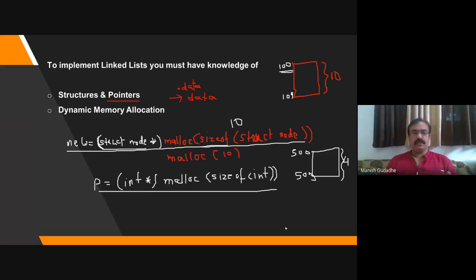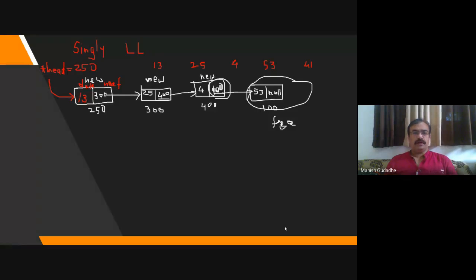In yesterday's lecture, we have seen how the linked list and its nodes are created one by one, and every last node is going to have a null pointer in it, because it is not going to point anywhere. It doesn't have a next node available with it.